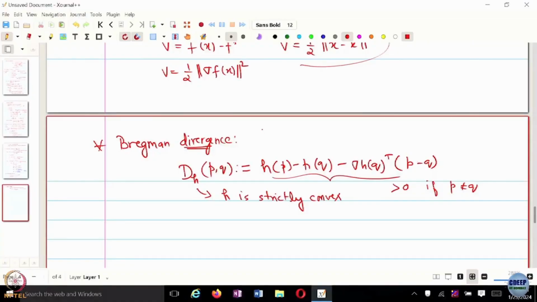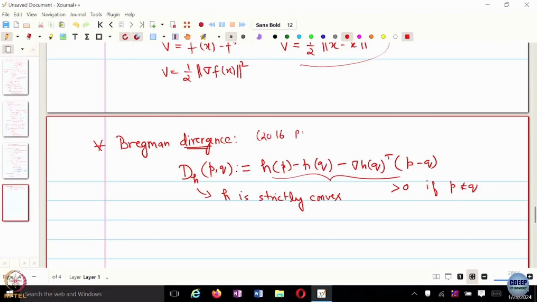At least in this course, we won't be looking at it too much, but there's a paper by Michael Jordan on the variational perspective on optimization, a 2016 PNAS paper.